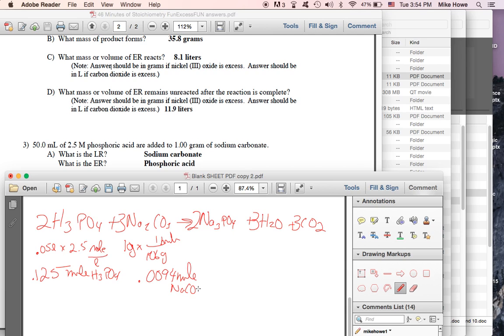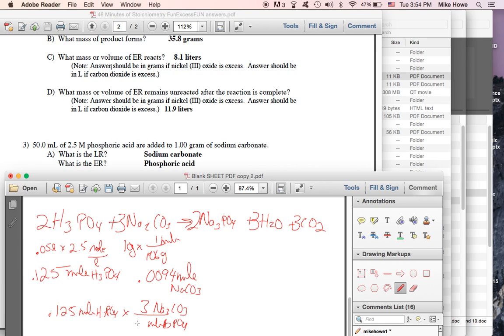So now we need to see which one is limiting. So pick one, compare to the other. Let's go ahead and pick the phosphoric acid. So 0.125 moles of phosphoric acid. We put moles of phosphoric acid on the bottom and sodium carbonate on top.